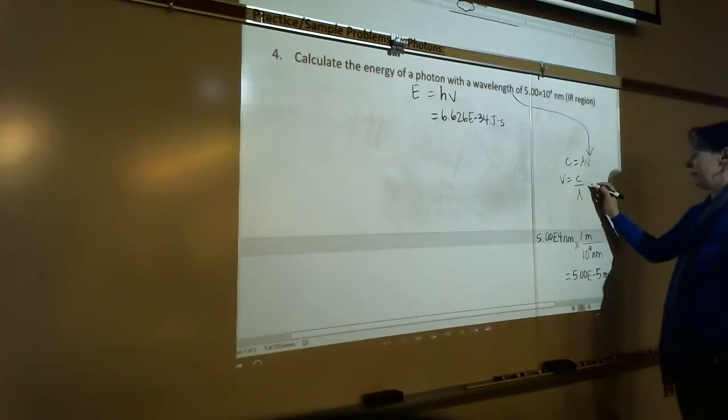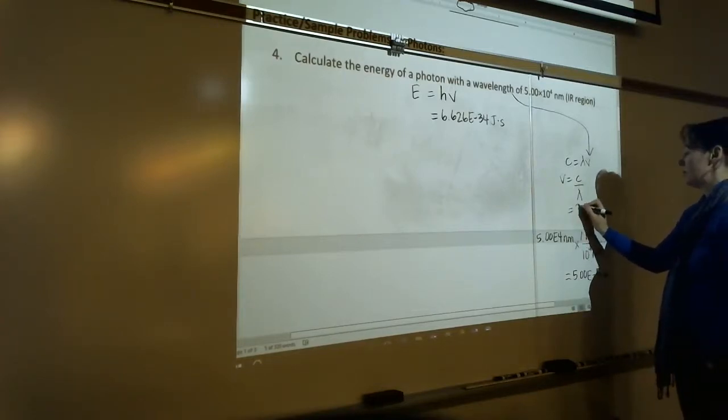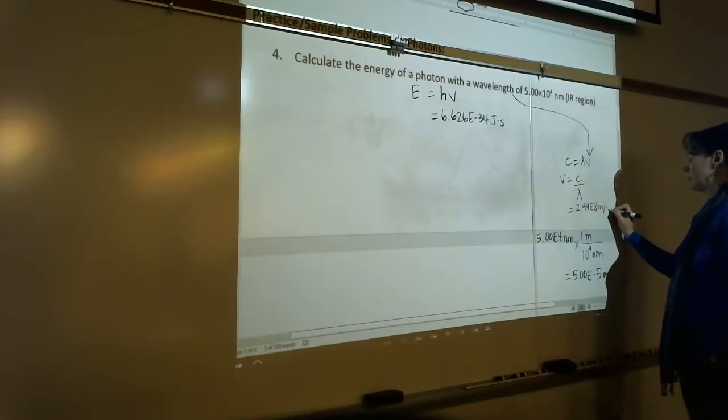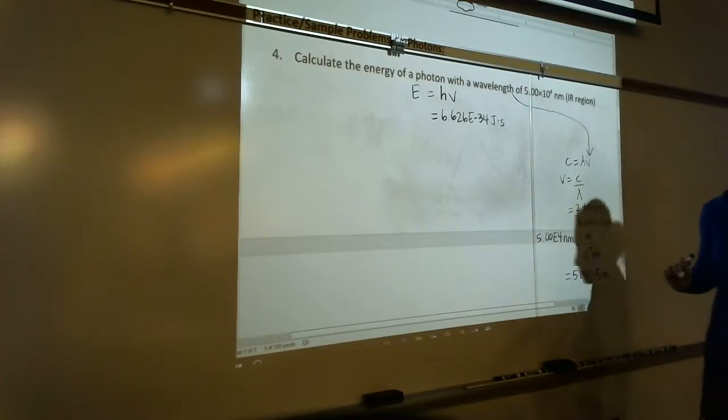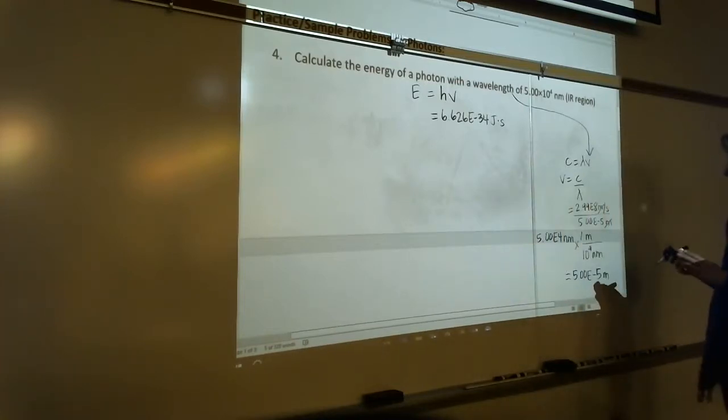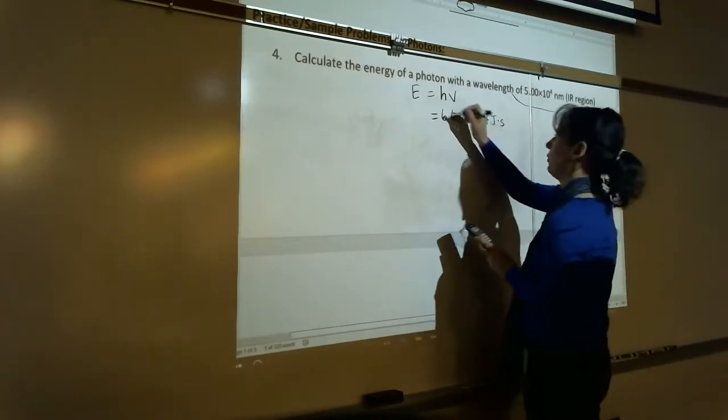Now I can plug that in. So that's 2.99 times 10 to the 8th meters per second divided by 5 times 10 to the negative 5th meters. So now I've got a value that I can plug in.